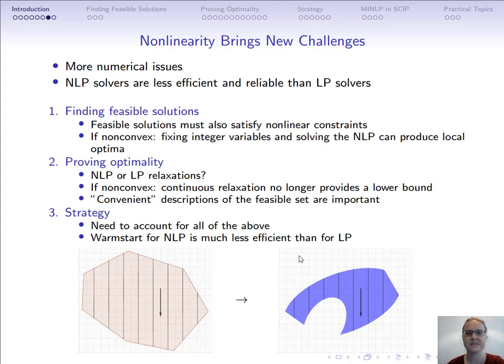And to summarize everything about this part, if you look at the big picture, then in the end it is the convenient, in some sense, which I will talk about later, descriptions of the feasible set. And a lot of research is dedicated to finding such descriptions.